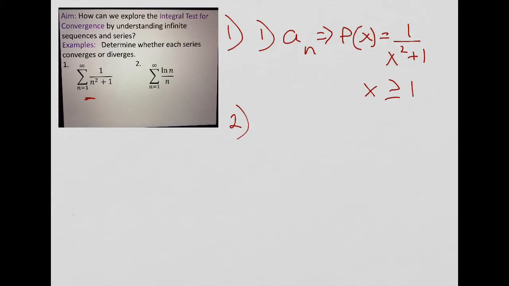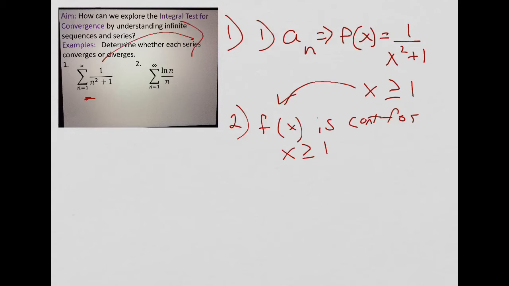We know that f is going to be a continuous function. We can plug in any value of x there, and we're going to get an answer. So we're going to say f of x is continuous for x greater than or equal to 1.